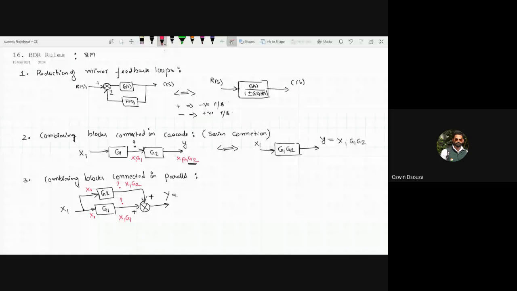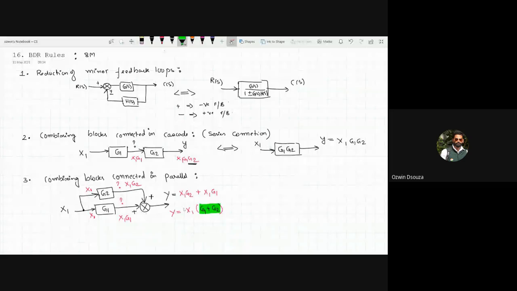So the output is equal to X1 G2 plus X1 G1, or you can say output Y is equal to X1 times G1 plus G2. Observing that whenever the blocks are connected in parallel, the overall transfer function is nothing but the addition of individual block gains. Your individual block gains are G1 and G2, so the overall gain becomes G1 plus G2.